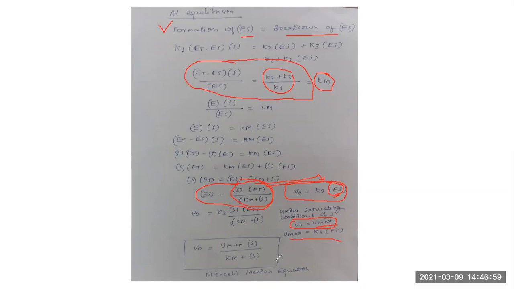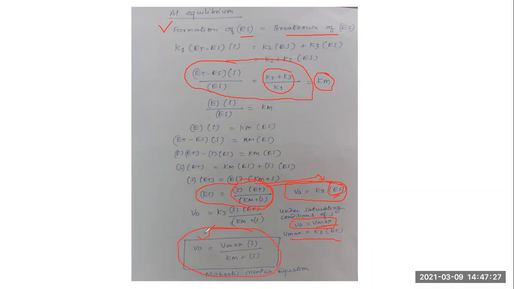So what we are doing is, we are replacing the value of K3 ET here. You have K3 ET here, so K3 ET is equal to Vmax. So if K3 ET in this particular equation is replaced by Vmax, you get this particular equation: V0 is equal to Vmax into S upon Km plus S. And this is called the Michaelis-Menten equation.